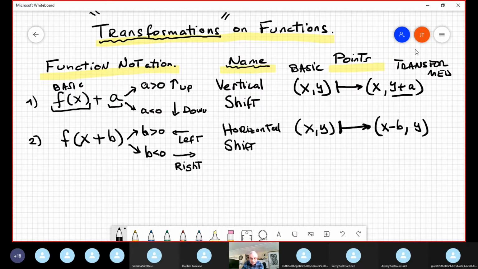Look, and this situation happens always when you operate inside the parenthesis. Inside the parenthesis, when it's plus, actually in the point it's minus. And outside the parenthesis, no. When it's plus, okay? Inside, opposite operation. Outside, the same operation. If it's plus, plus; if it's minus, minus.